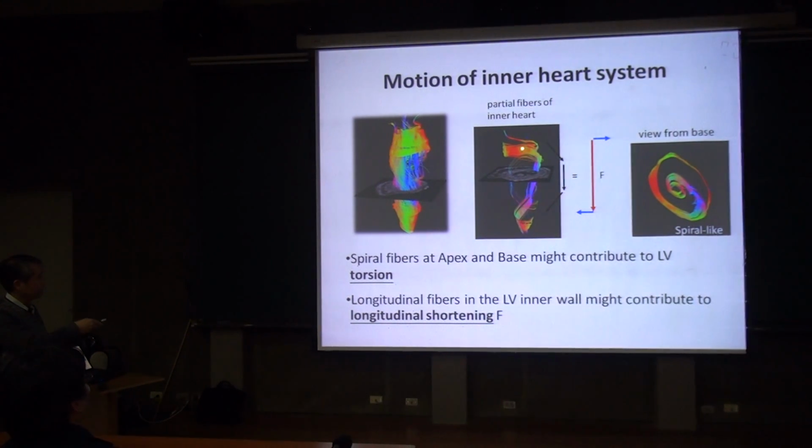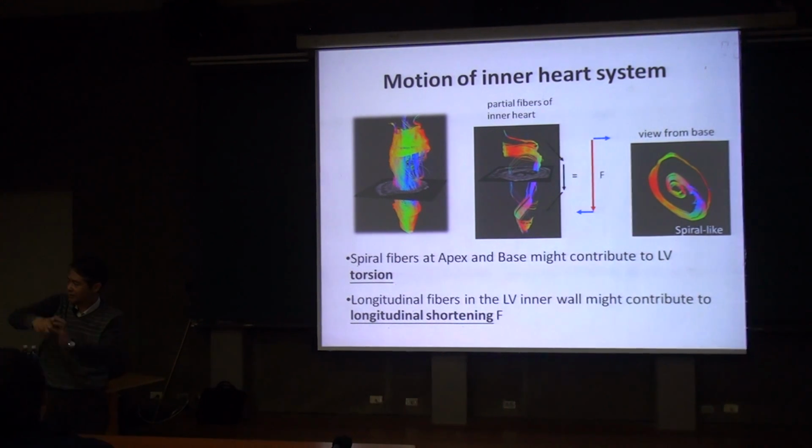If the muscle is contracting, this will shorten the heart. So the heart is doing this action, torsion and shortening. The inner heart is doing this.